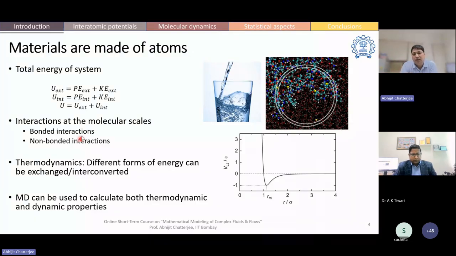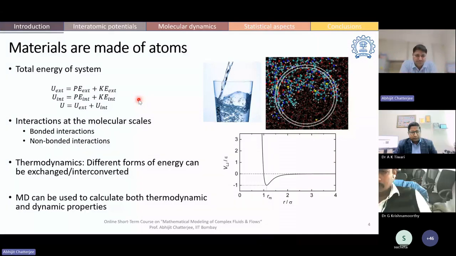So those terms can be accounted for in these interaction models, and we can compute the potential energy. And with regards to the kinetic energy, if we were to note the velocity of every molecule, every atom in the system, then the classical definition of the kinetic energy is basically half mv square, where v is the velocity of the particle, and we have to add up the kinetic energies of all the atoms in the system.